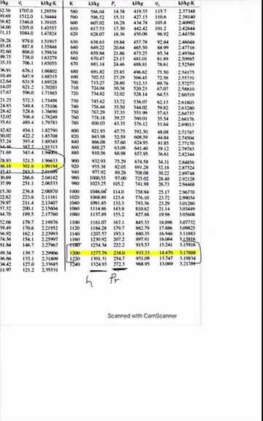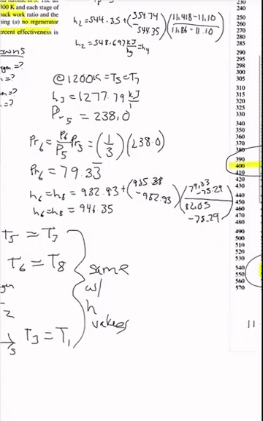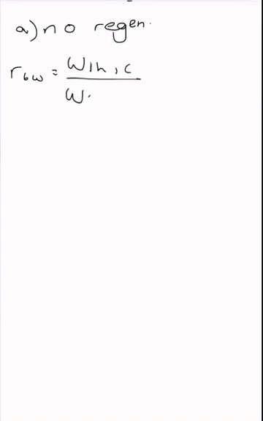All right, so now that we have interpolated and found these, we can finally solve for our backwork ratio. When you're doing these problems, I highly recommend keeping a separate space just to write down all of your values because they do get confusing sometimes. So for our first part, with no regeneration, we can say the backwork ratio equals W in compression over W out turbine.